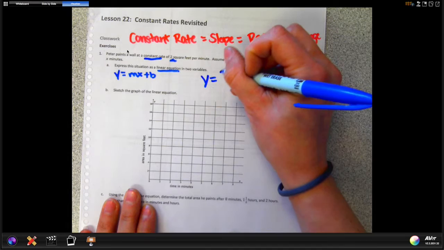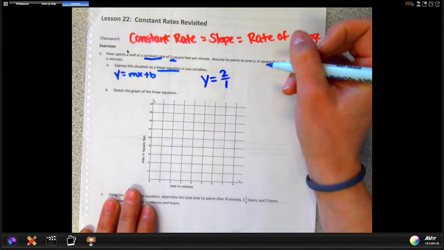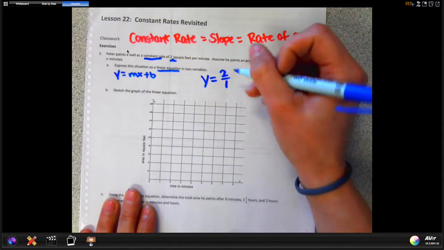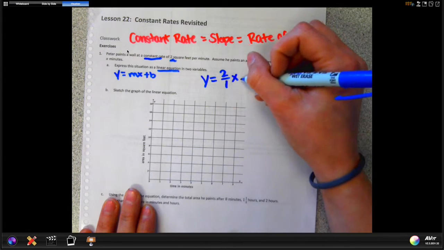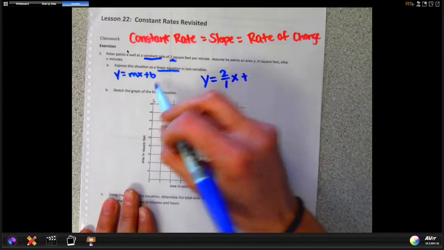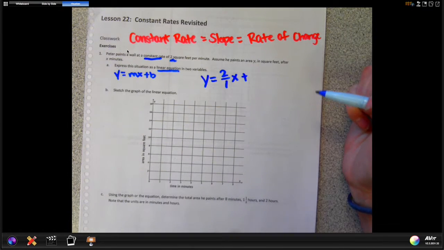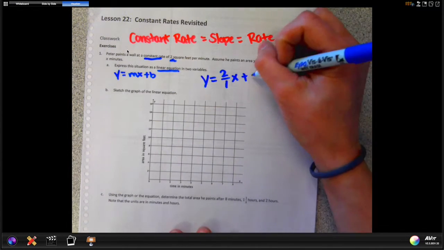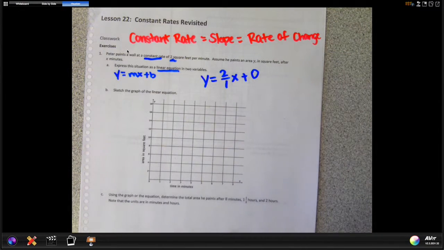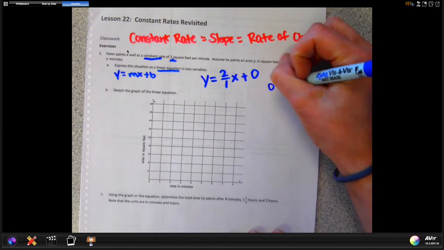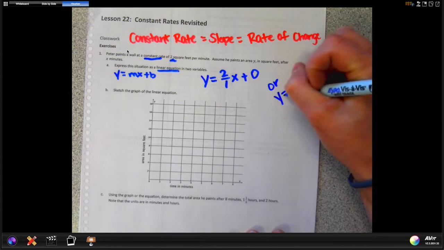So we're going to use 2 over 1 for our slope, our rate of change, and then we'll put that times x, plus now our b, our y-intercept, or our starting amount. You have to kind of think of this in terms of the situation. If he paints for 0 minutes, then he's not going to paint any square feet, so our y-intercept is 0. So here's our linear equation. y equals 2 over 1x plus 0, or if you could simplify that, y equals 2x.